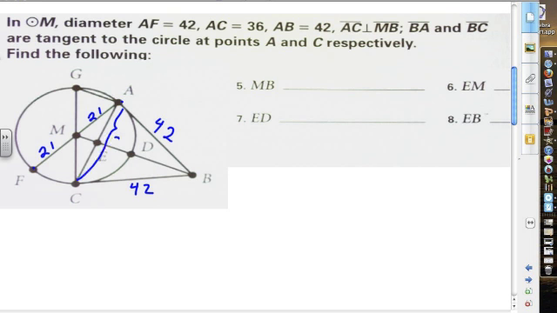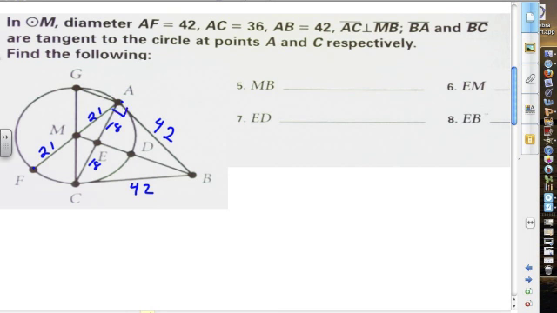And I'm told that AC, the whole thing here, is 36. Well, since MB is perpendicular to AC, that means it cuts it in half. Since it cuts it in half, that means I can make each part of this 18. So I got an 18 and I got an 18.